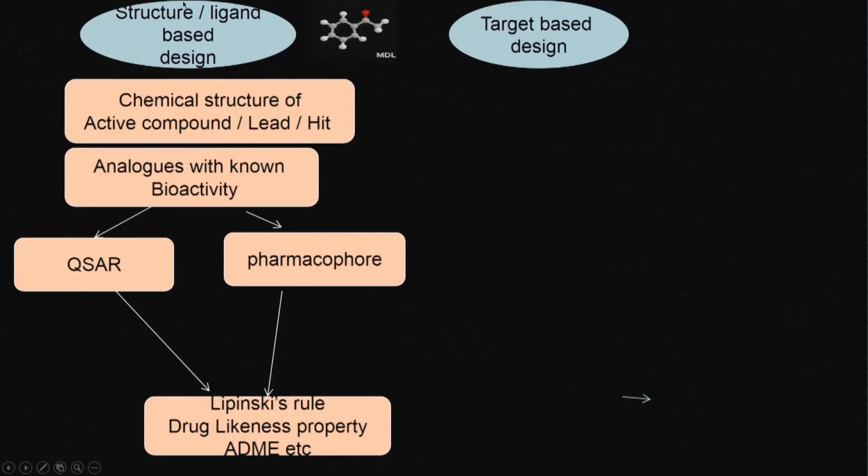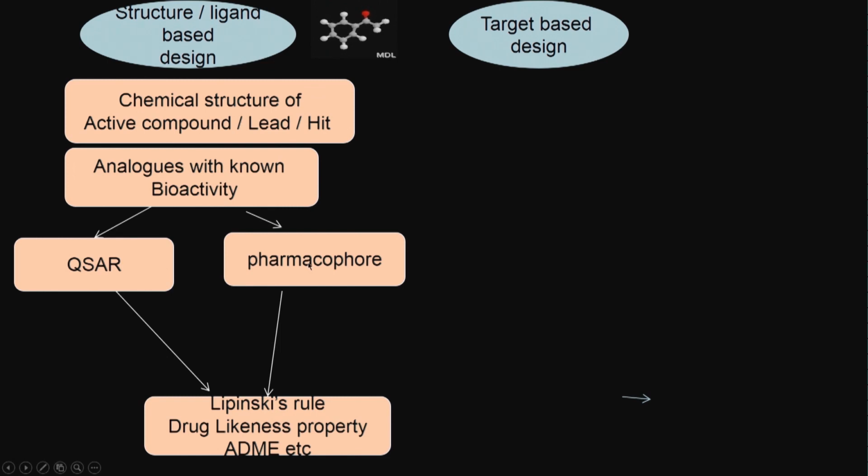Okay, in the ligand based approach, I know the chemical structures of some active compounds, we call them leads or hits, and then I design and synthesize new analogues with known bioactivity. And then you do something called a quantitative structure activity relationship. That means what are the structural features required for the activity, or I do something called a pharmacophore modeling.